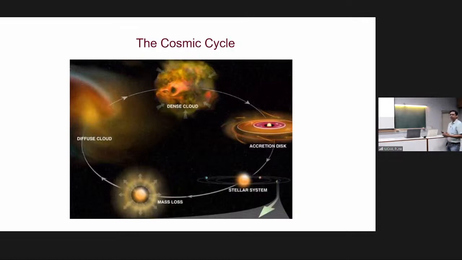So how does the interstellar medium come into existence? Just after the Big Bang, it was mostly hydrogen and helium. There were no stars, so no interstellar medium. But then when the first stars were born, the star evolves, and then we have a mass loss from the star itself.